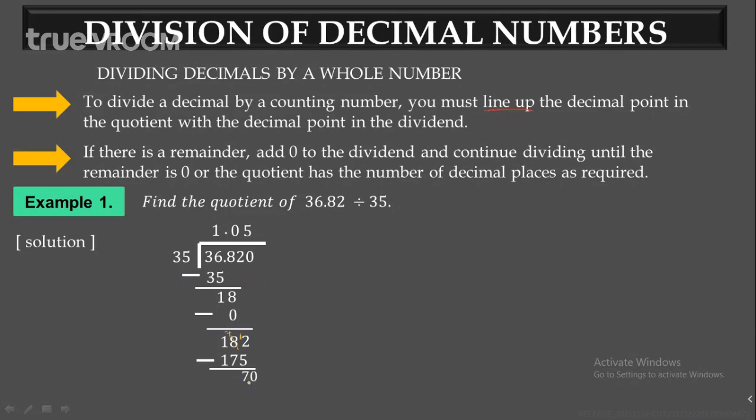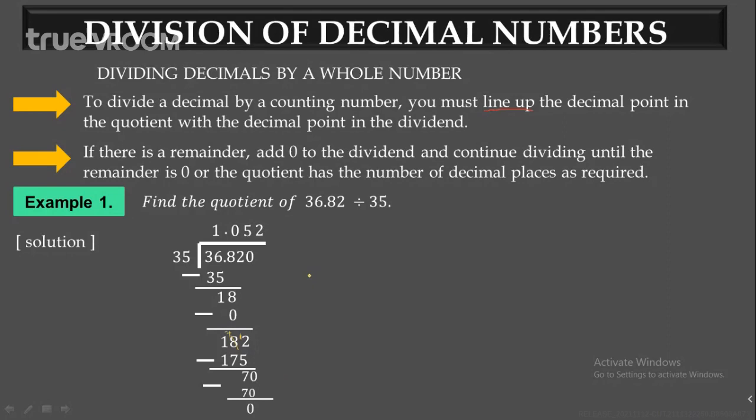How many 35 are there in 70? Answer. 2. Very good, because 35 times 2 is 70. Now your remainder is 0.